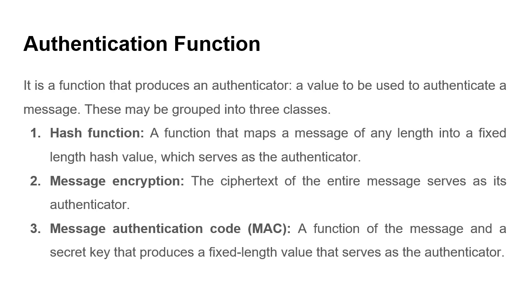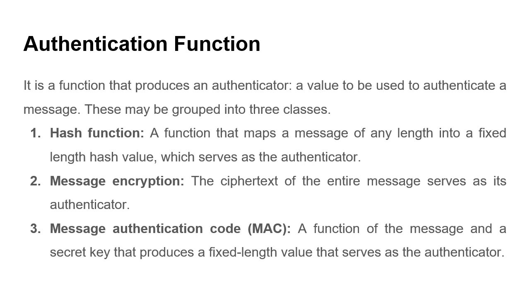Then we have message encryption. We studied this encryption technique in the first and second units. A ciphertext is sent for the entire message, converting all the messages into an illegible form, so that no third party who compromises the network can read them.